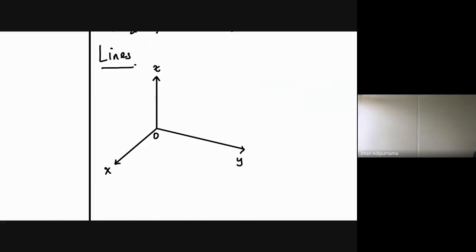So if I'm taking the origin here, and make some vector here, let's say this is R, and then a vector also here, let's say R0.